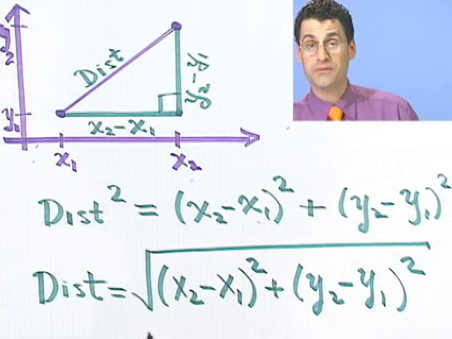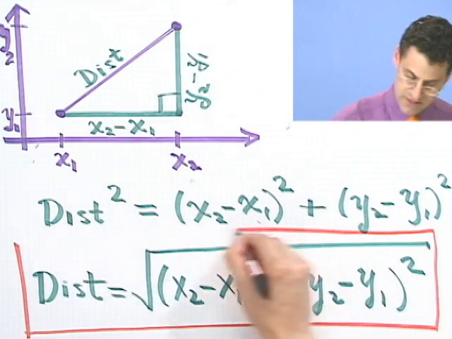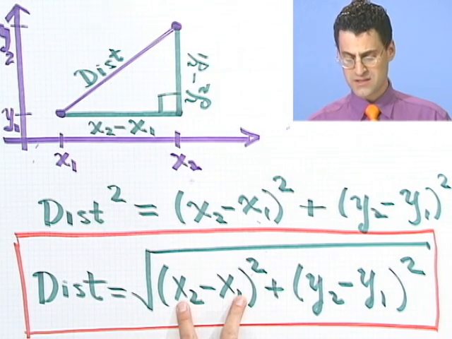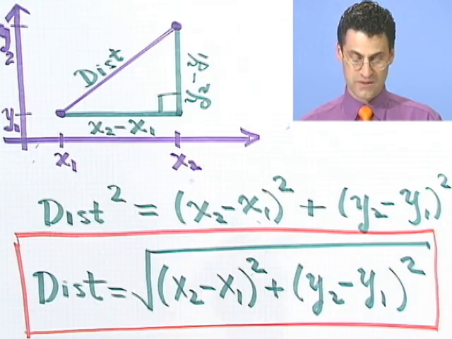So in fact, that is the formula for distance, or sometimes called the distance formula. So the distance between 2 points is given by this. You subtract the x values and square it, subtract the y values, square it, add those 2 numbers together, take the square root. That's the distance.